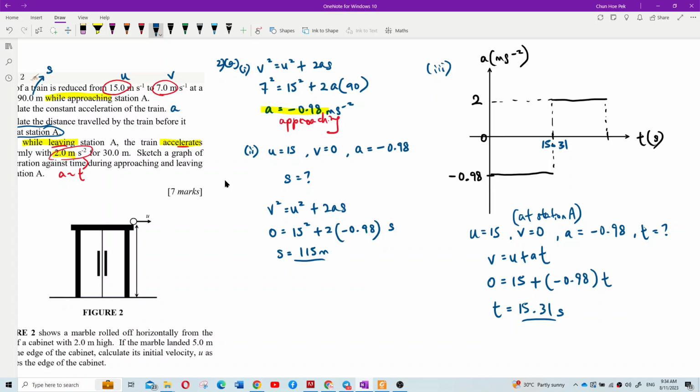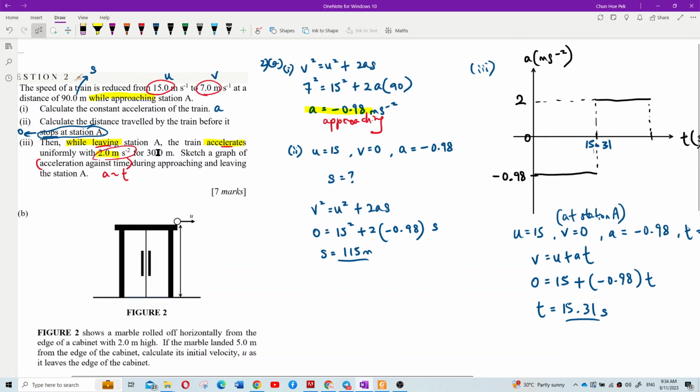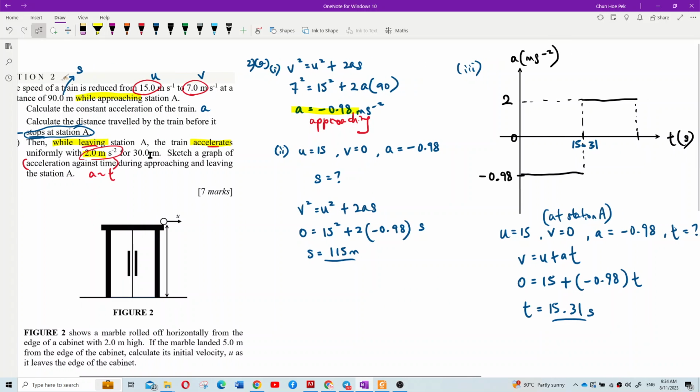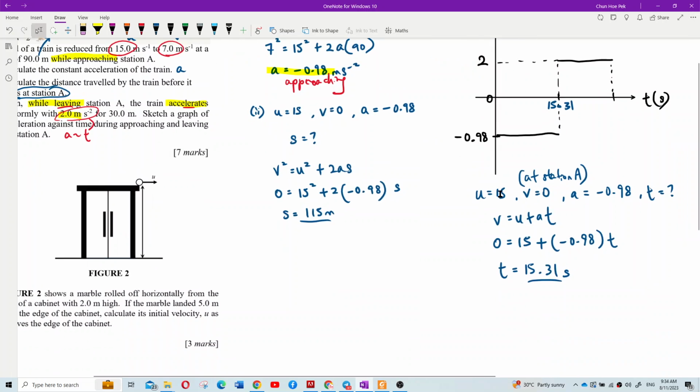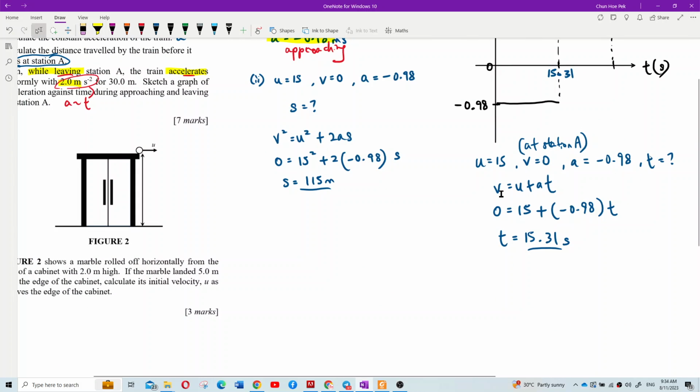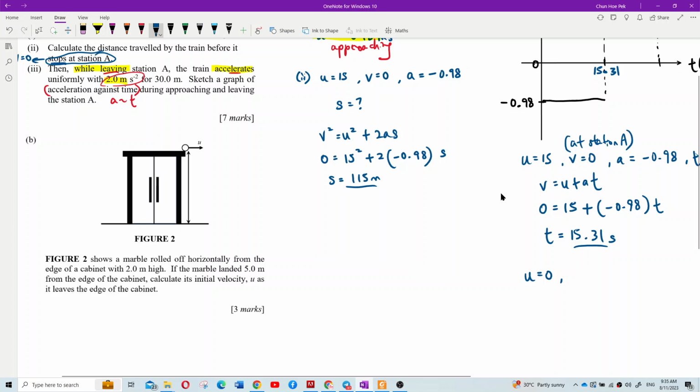And how about the next? What is the time when reaching 30 meter? 30 meter, that means over here, 30 meter, after accelerate. Because you start moving from zero speed and then you go to distance 30 meter.